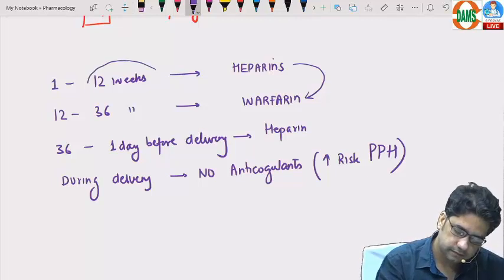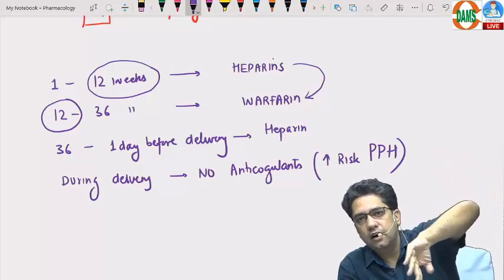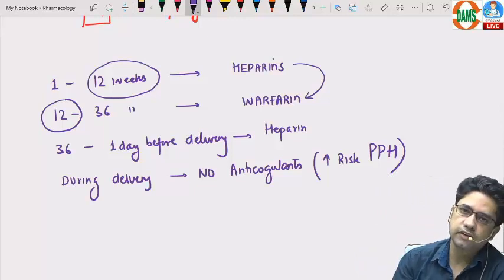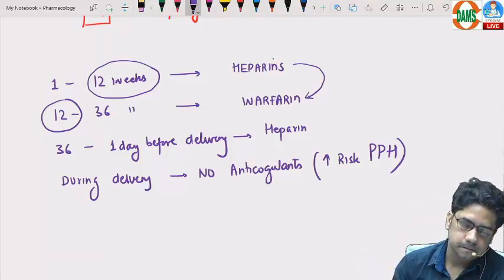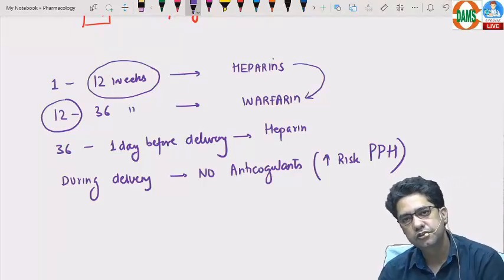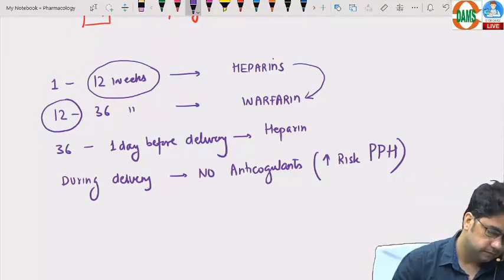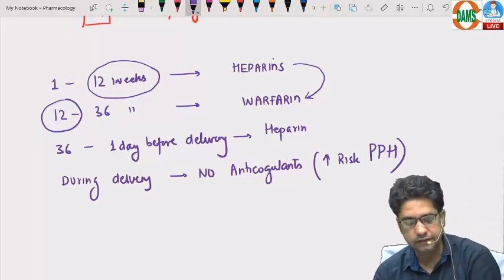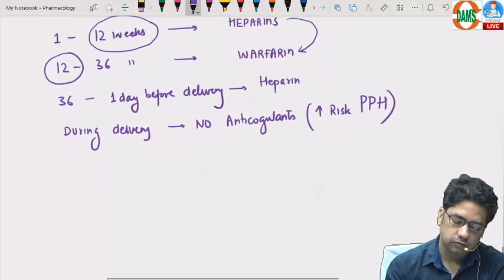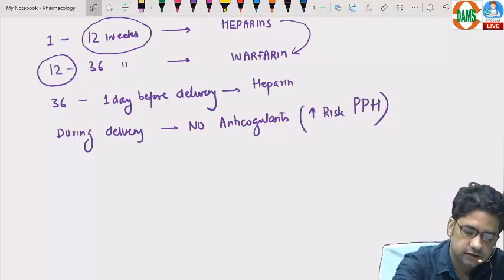Answer is, you switch from heparin to warfarin after the first trimester, 12 weeks. I hope you have understood this part. This is an important MCQ, commonly asked. Remember, after 12 weeks. Done? So congratulations, your anticoagulants topic is finished.